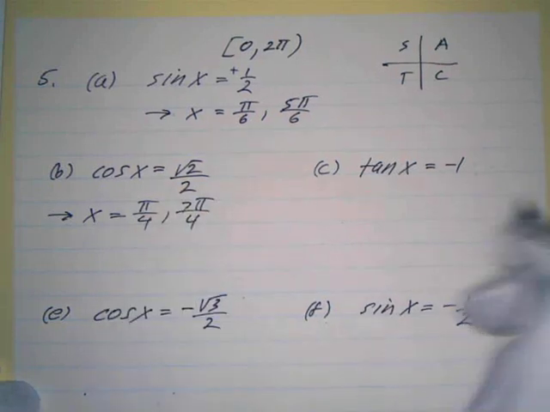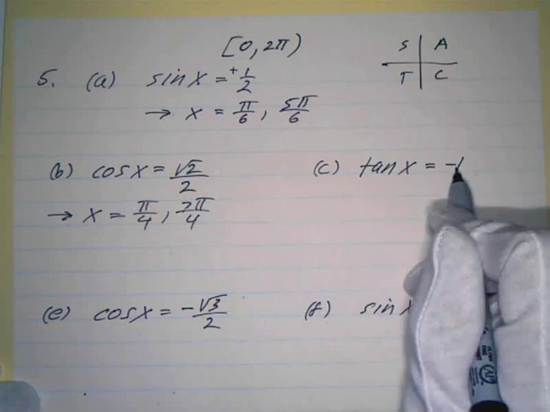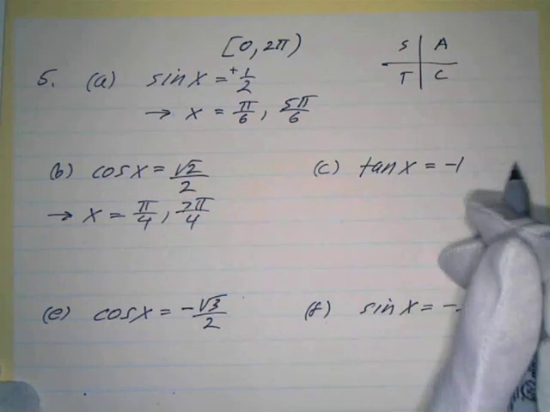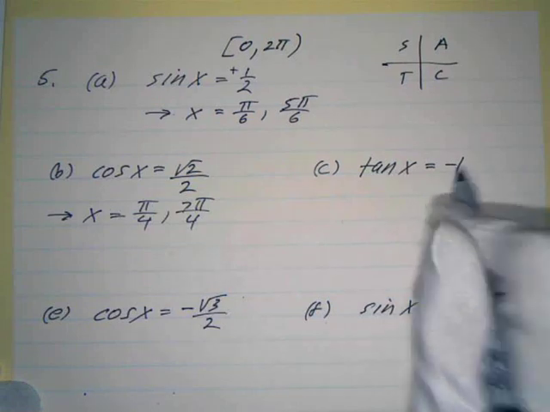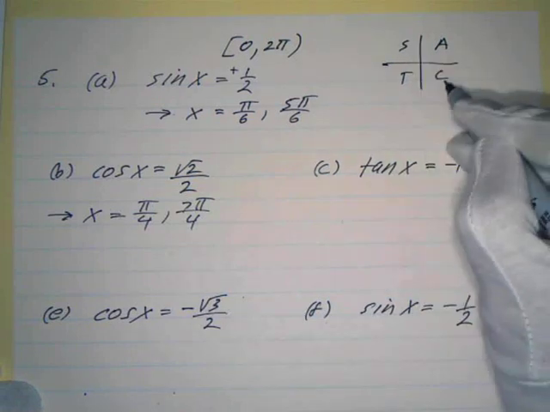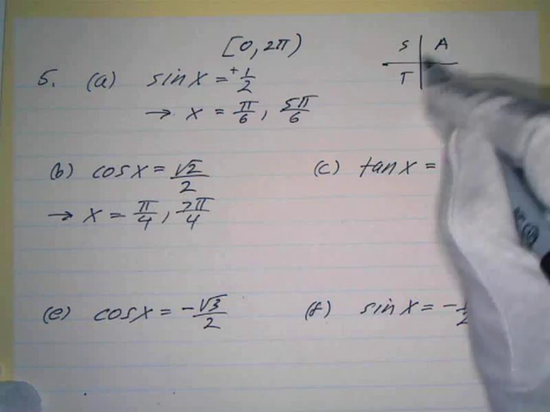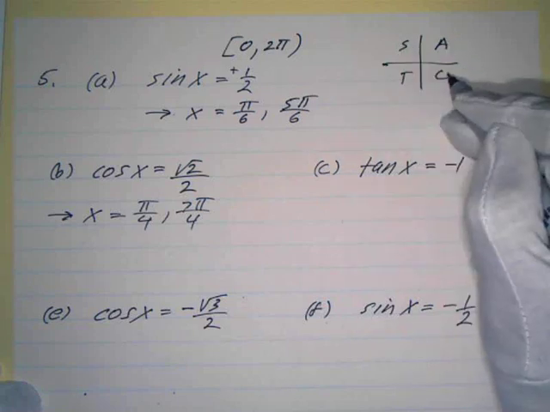Okay, the next one, the tangent of x equals negative 1. Well, the tangent of x equals 1 at pi over 4. Okay, but negative, it's going to be negative in the second and the fourth quadrants. It's positive in these two quadrants, negative in these two quadrants.